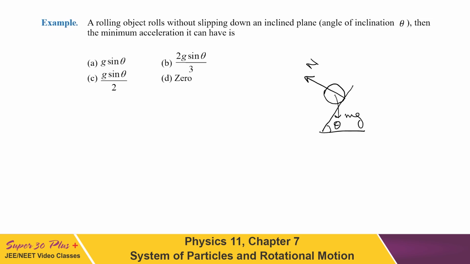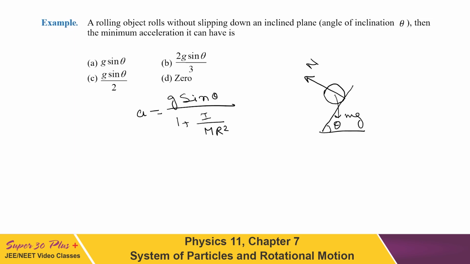So if we write torque about point of contact, the only force will be the weight of the body. And then on writing the force equation and the torque equation, we will get acceleration equal to g sin theta divided by 1 plus I by mr square, which is a very standard result. You all must be familiar with it.